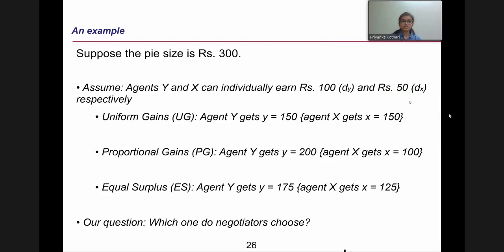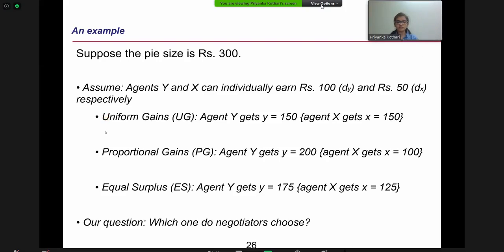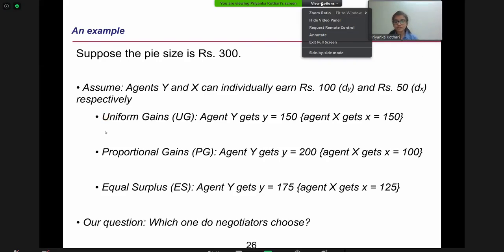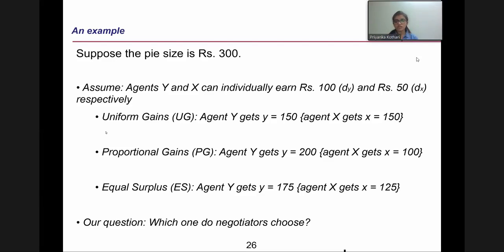The uniform gain solution proposed in the book says that the individual differences between the agents should not matter, and the pie size generated should be divided equally. This links to the egalitarian idea. So agent Y should get 150 and agent X should get 150.